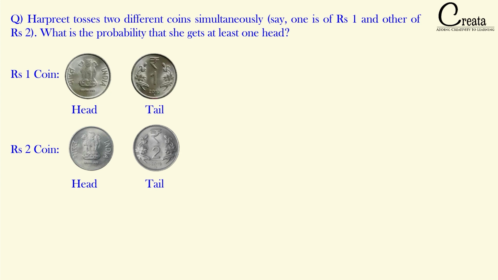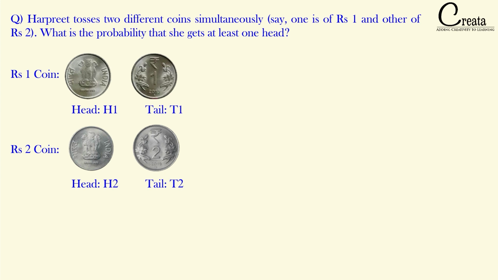Let's denote the head of the first coin as H1 and tail of the first coin as T1, and the head and tail of the rupees 2 coin as H2 and T2, just for simplification and easy understanding. In the question, we have to calculate the probability that she gets at least one head.